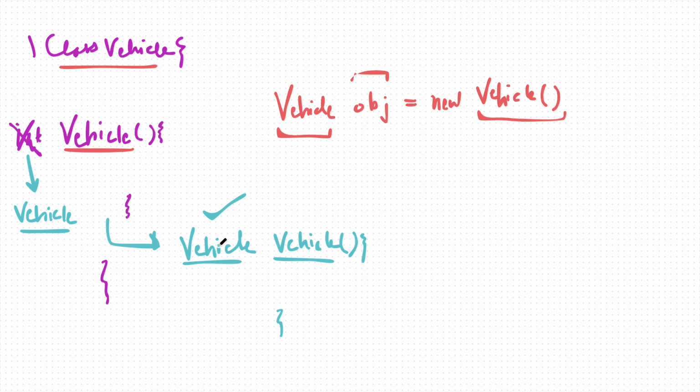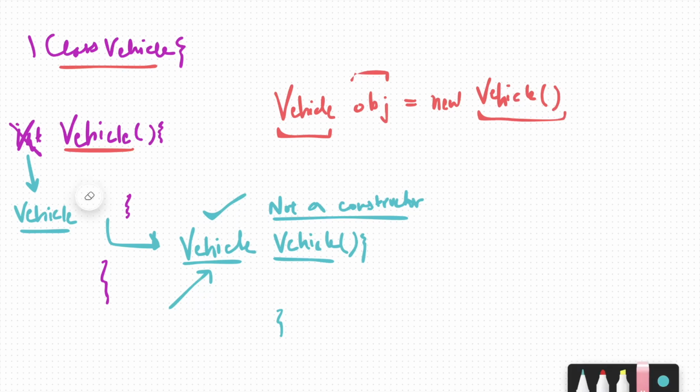This is a valid statement, this is a valid function, but this is not a constructor. Why is this not a constructor? Because you have already added a return type. If you add a return type, it means it's a custom function which you are defining. If you don't add a return type, Java will add that return type automatically, and that will behave as a constructor.